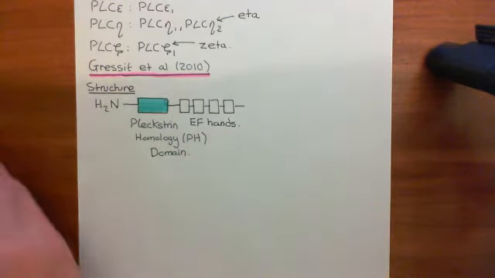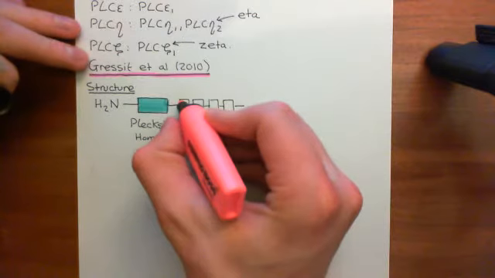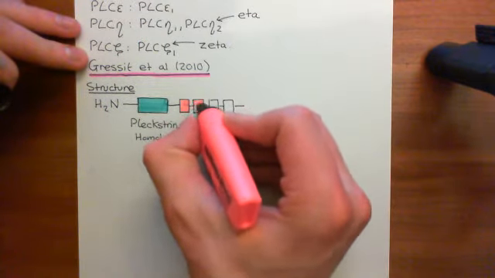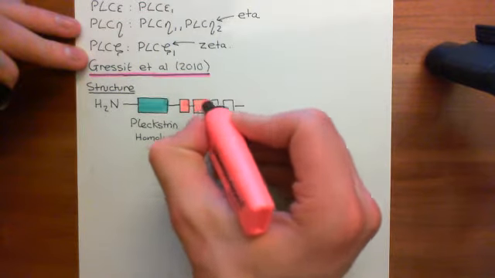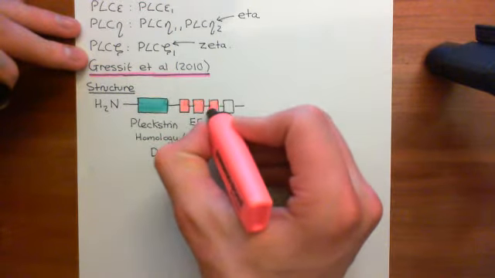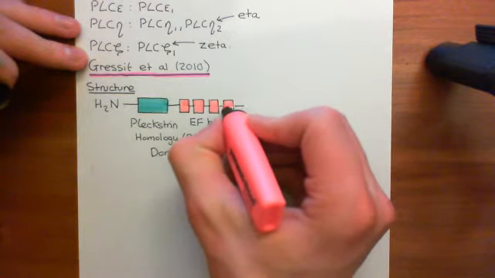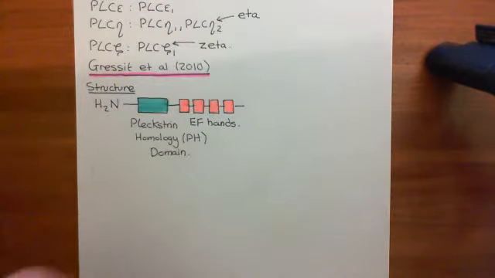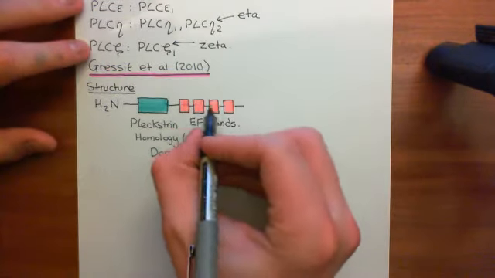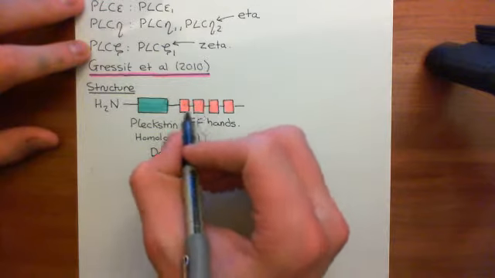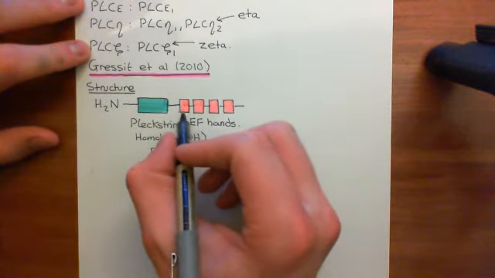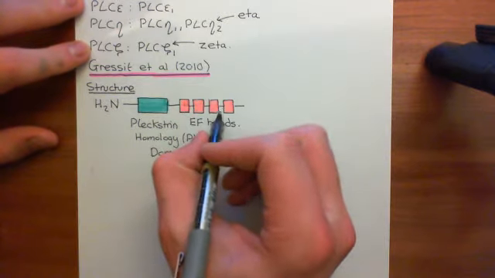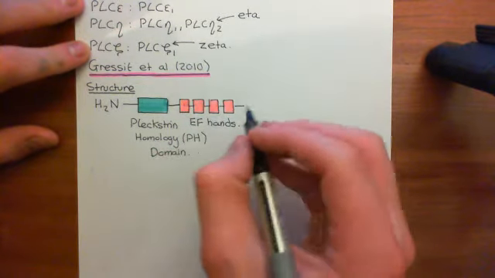The archetypal protein that has four EF hand domains, just like all of these phospholipase C gamma enzymes have, is calmodulin, which is a very important calcium sensor within the cell. In calmodulin, these EF hand domains all bind calcium, so a calcium binds to every single one of them. But in phospholipase C enzymes, the EF hands do not seem to play that important a role in binding calcium, so they don't seem to bind calcium in this case.